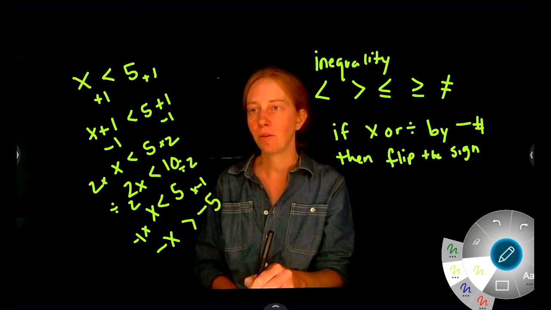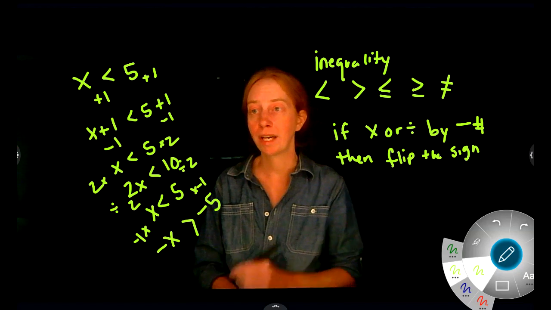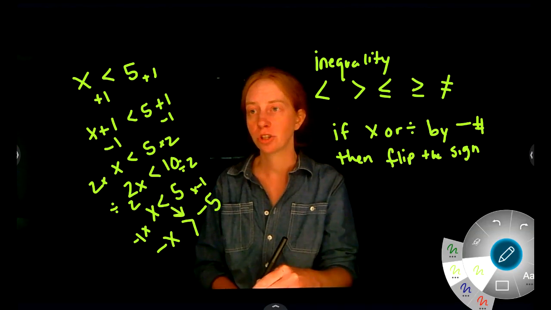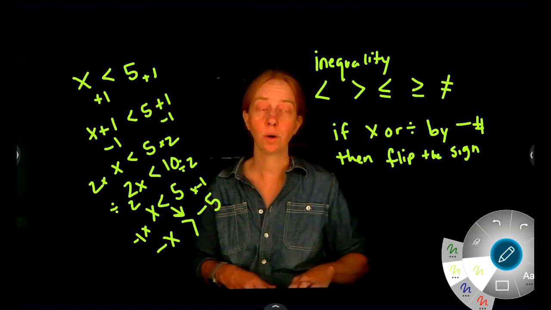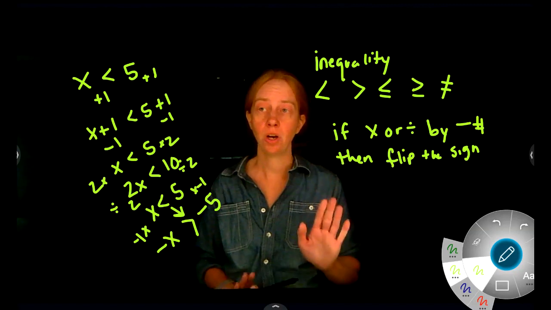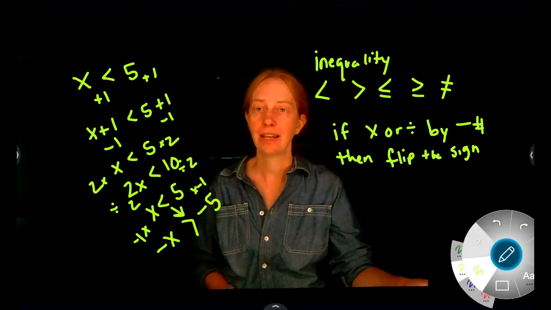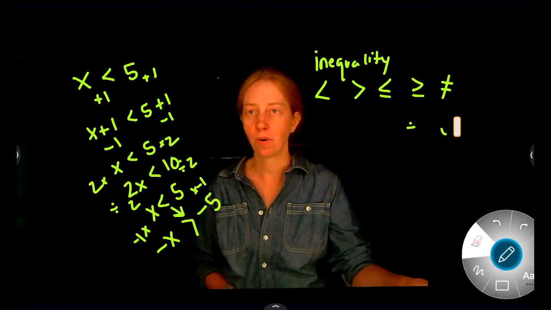I need to say that now negative x is greater than -5. I switched the sign. I flipped it around. So those are really your basic things you have to know to be successful. And let's jump into a problem.